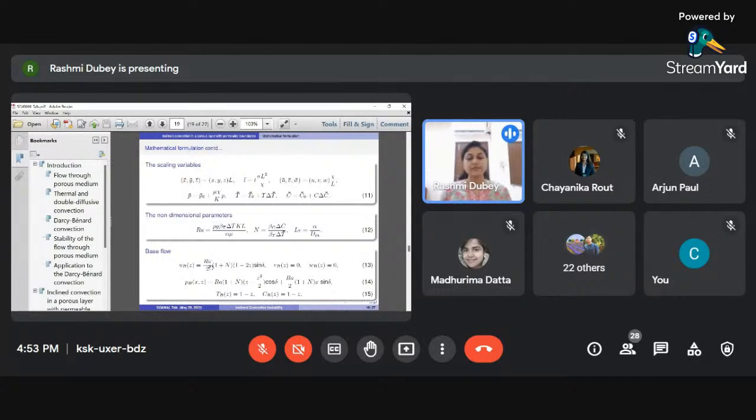The basic velocity looks like this, and it is due to the horizontal components of the thermal and solutal fields. This sine delta term is there because we have considered inclination in the system. Both temperature and concentration fields for the basic flow are linear in nature, and they decrease with the height of the porous layer.